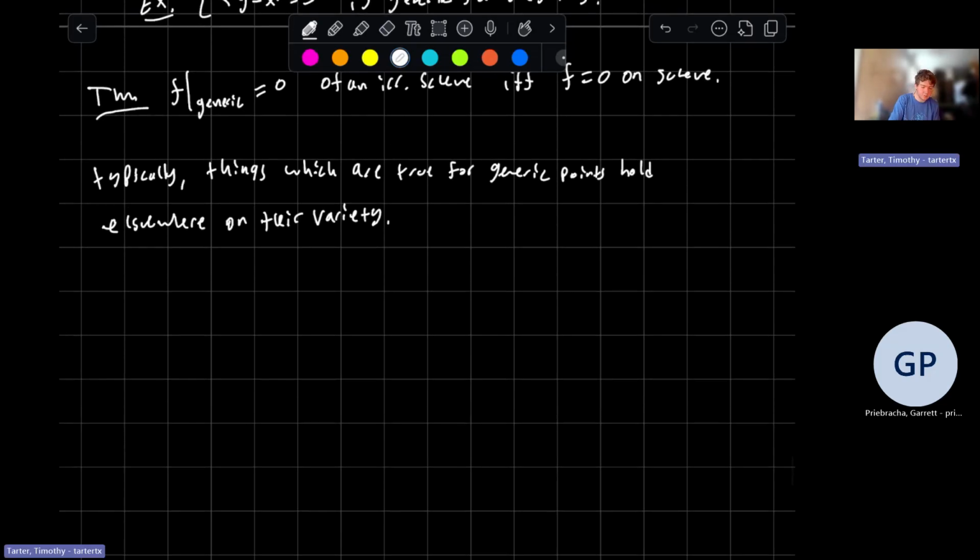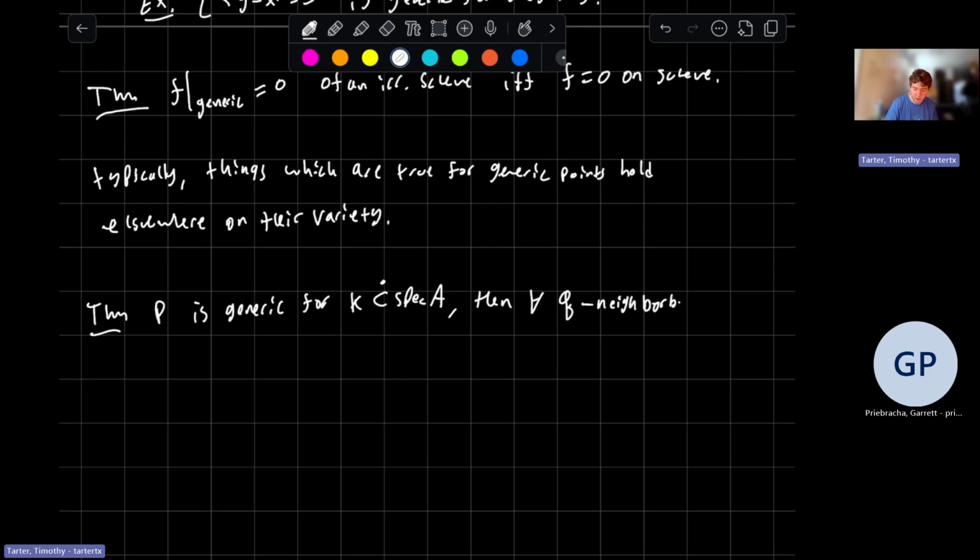So, as a theorem, if P is generic for K closed in Spec A, then for every neighborhood Q of K, P is in the neighborhood.